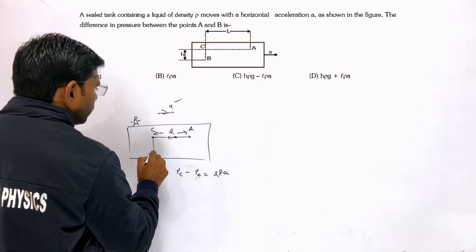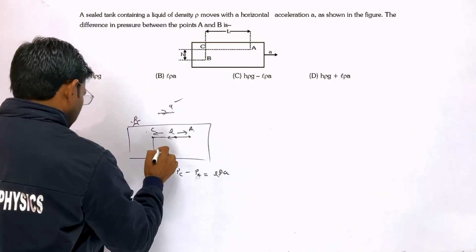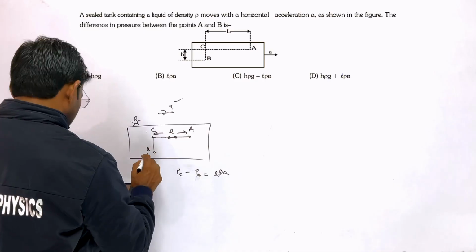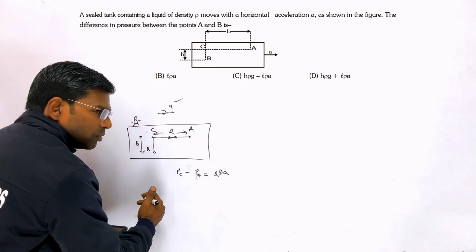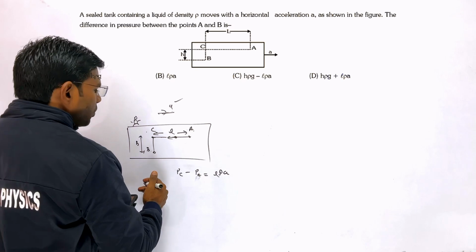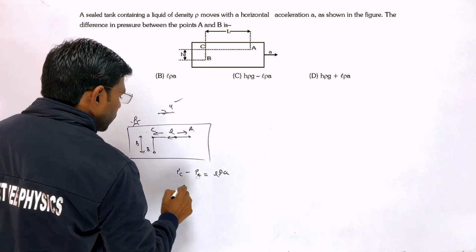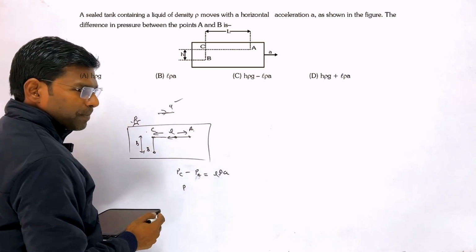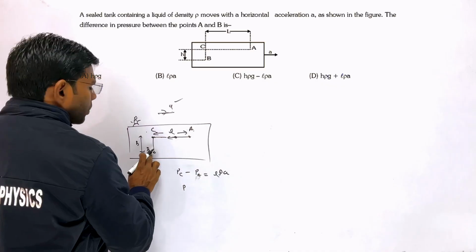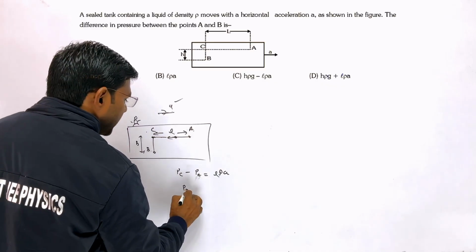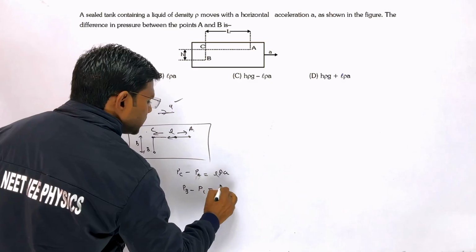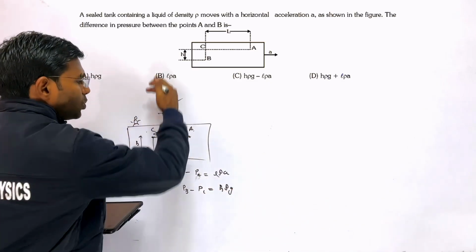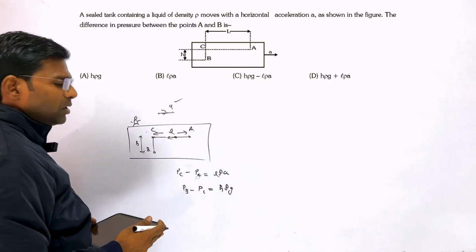Now if you move from C to B, the height is, say, H. So we go down, and the pressure will increase. If you consider point B and point C, which pressure is more, B or C? The pressure at B is greater than C by H rho g, because g is the acceleration due to gravity downward.